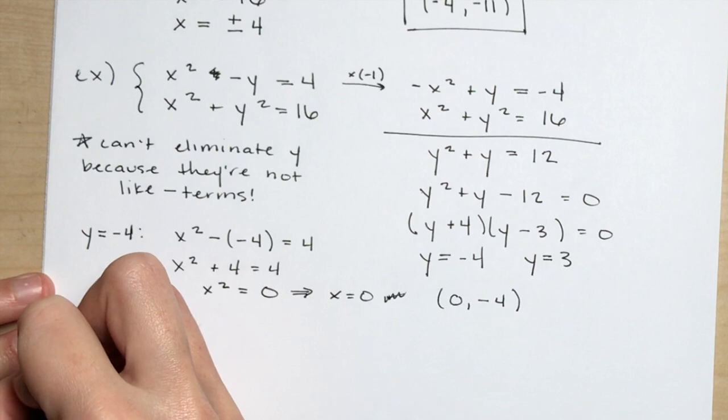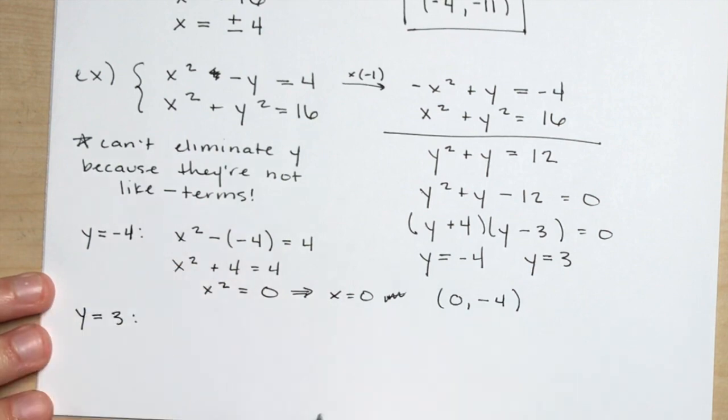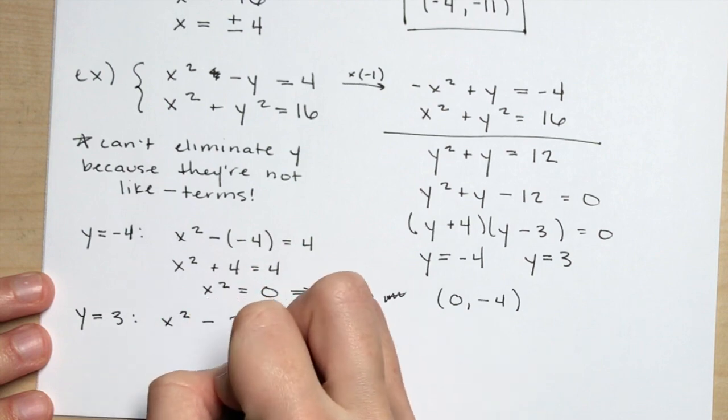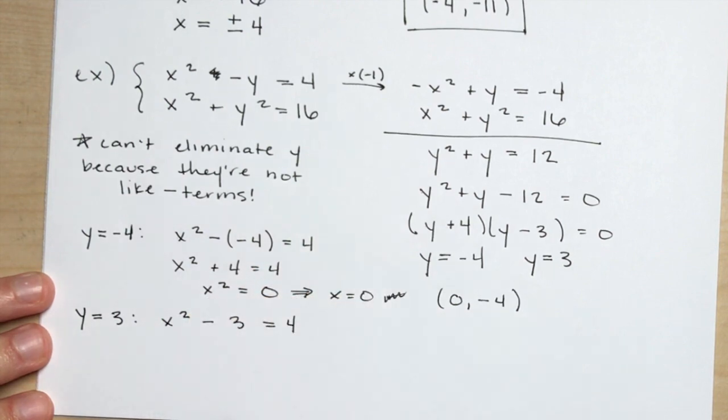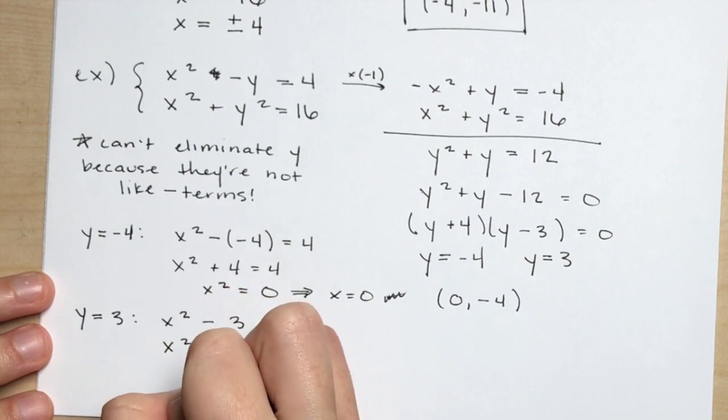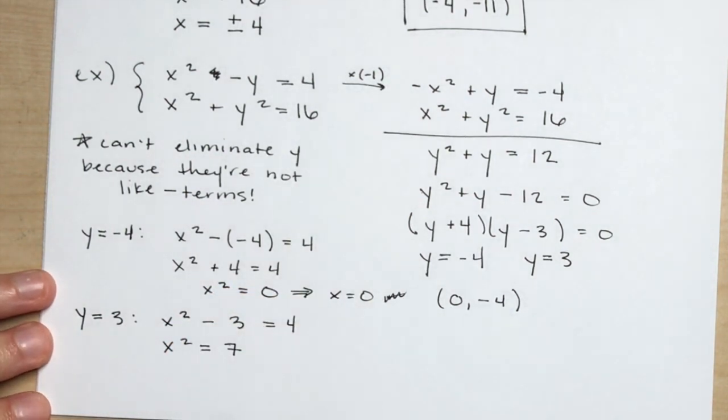If I plug in y equals 3, we have x squared minus 3 equals 4. We bring that minus 3 over. We get x squared equals 7. Interesting.